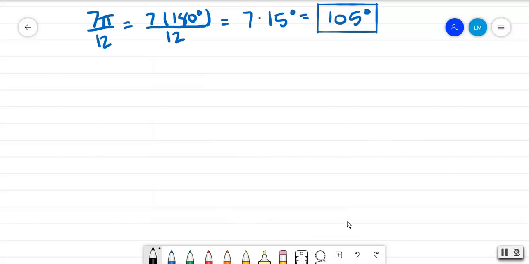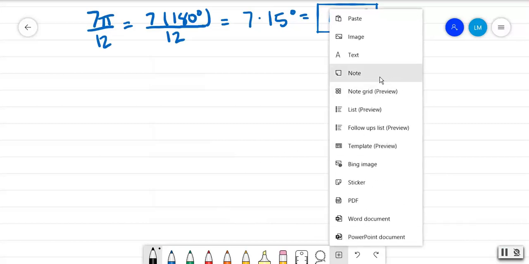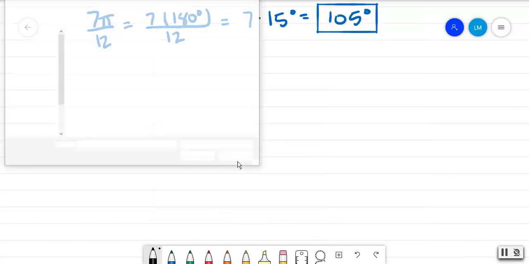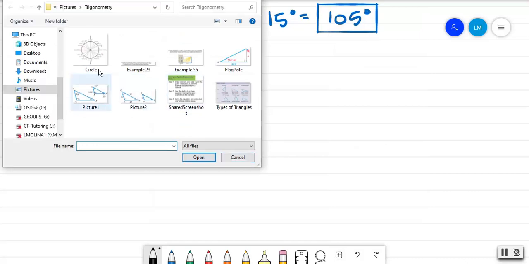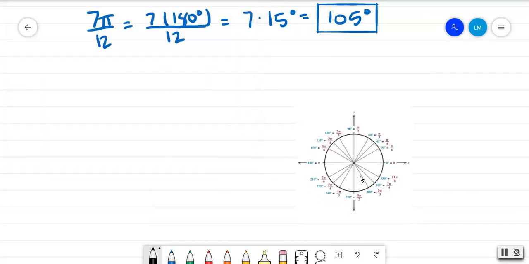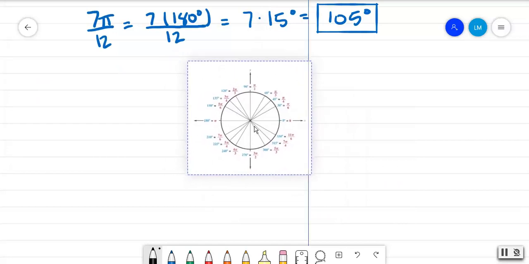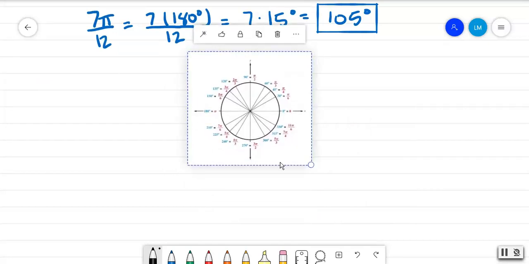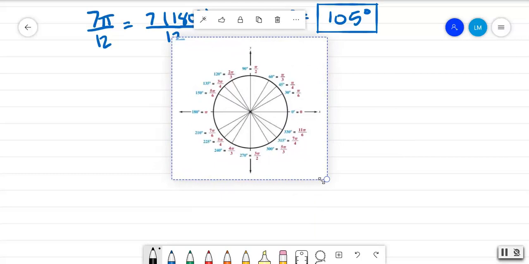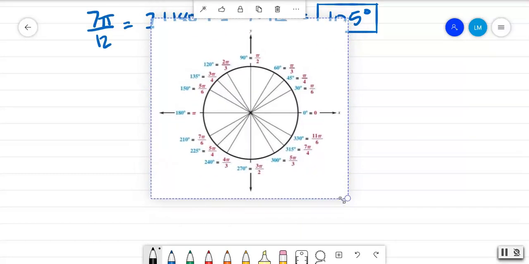Now, this next part, we're actually going to look at what we call the unit circle. Let's say that we look at the unit circle, and that's a circle with radius 1.